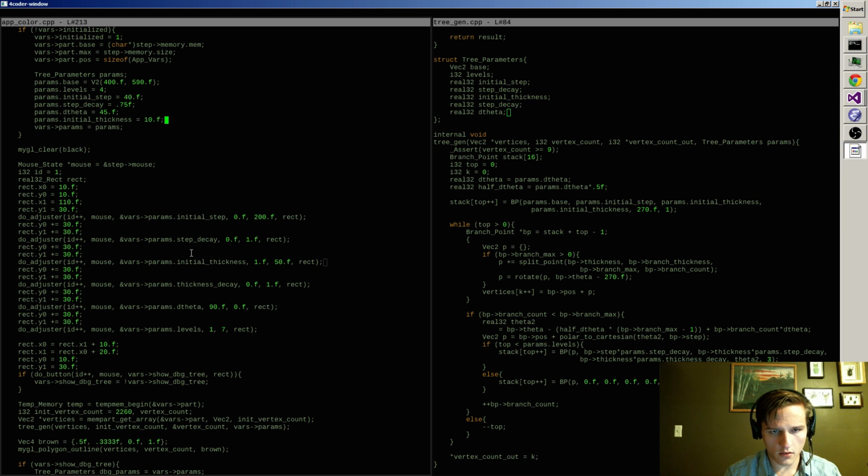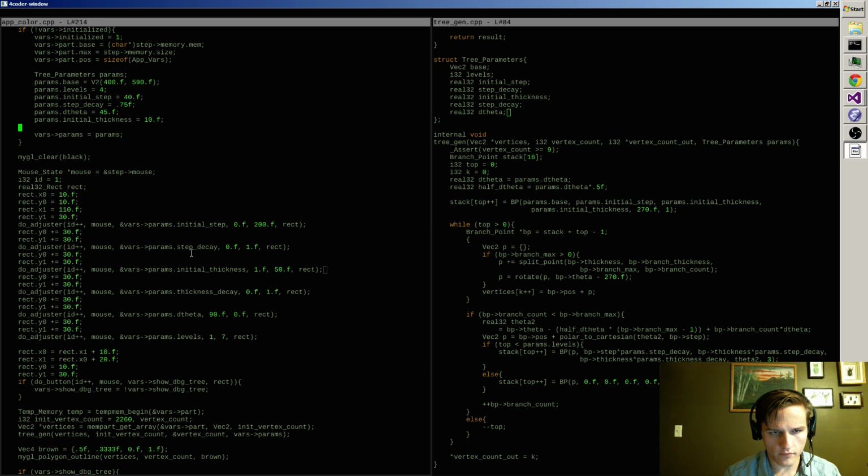And up here, thickness decay equals, we'll start at 0.75, and I'll take a look.